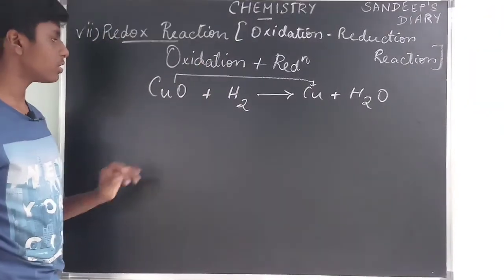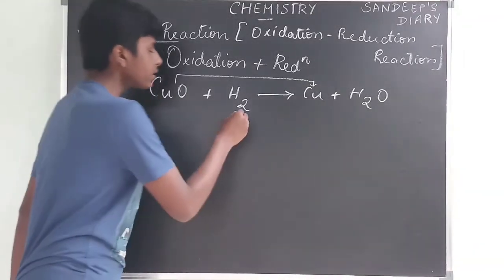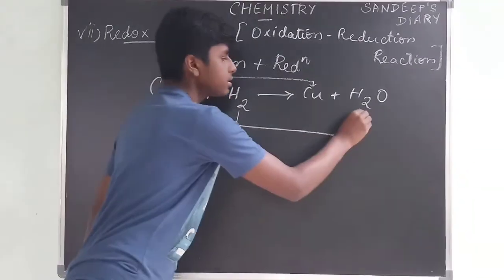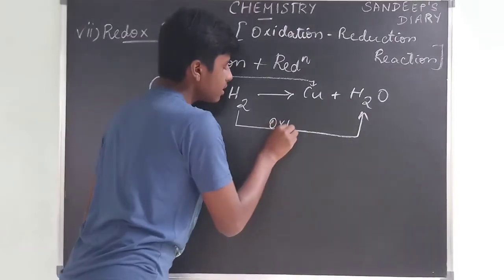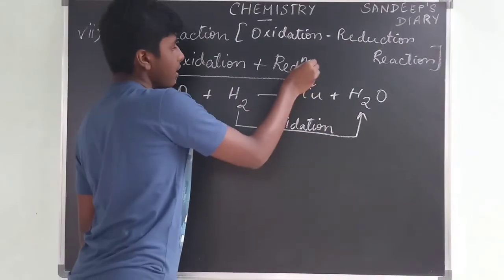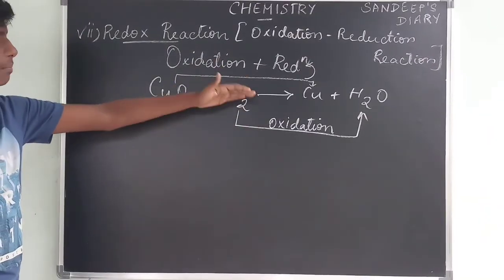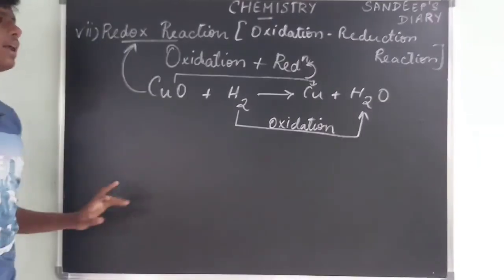Next, hydrogen is being oxidized as hydrogen is gaining oxygen. So here you can see oxidation and here you can see reduction. Both processes are happening in the same chemical equation. If it is happening like so, this is called redox reaction.